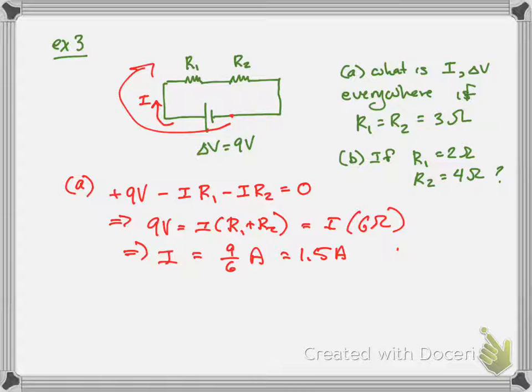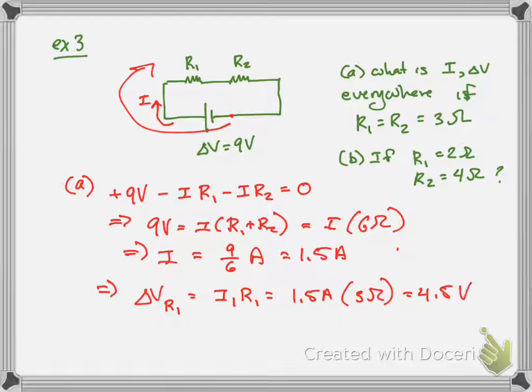And so then we can say, therefore, delta V R1 is equal to I1 R1, and that is 1.5 amps times 3 ohms, which is 4.5 volts, and delta V R2 is I2 R2, which is 1.5 amps times 3 ohms, 4.5 volts.